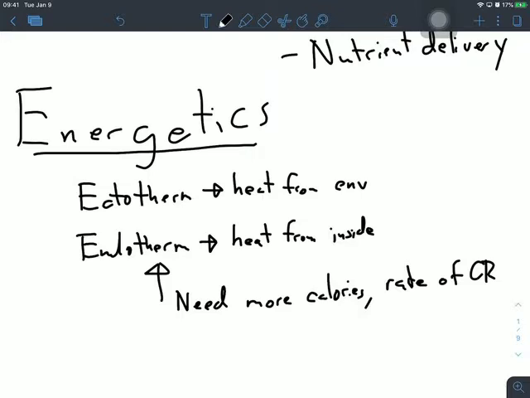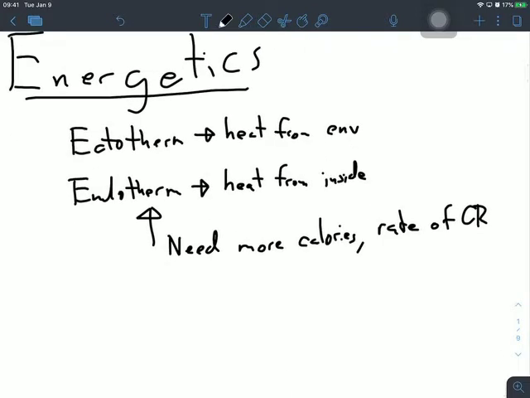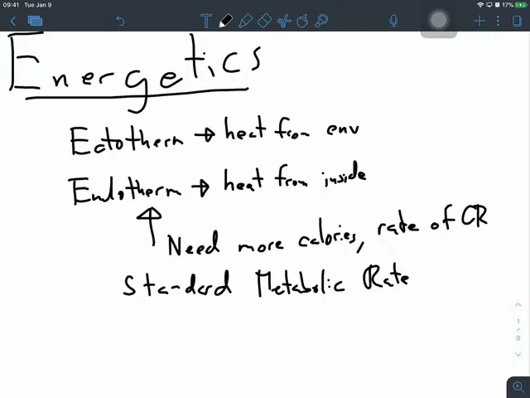In fact, you as a human, without moving at all, just by breathing, just by existing, and I'm sure we've had those days where the couch is awfully comfortable and we want to move nowhere, you still have a standard metabolic rate, or the amount of calories that you burn per day, of between 1,300 to 1,800 calories per day.